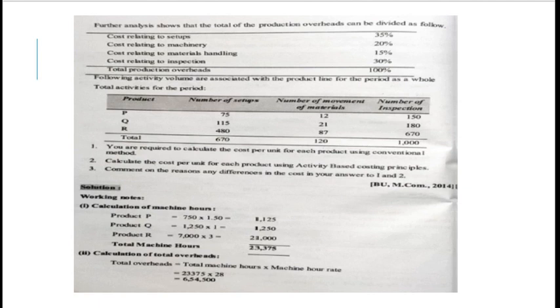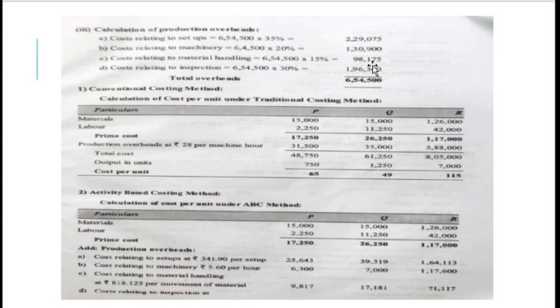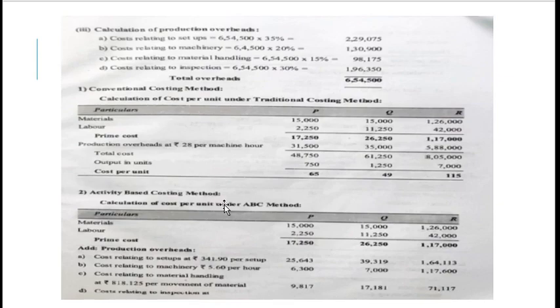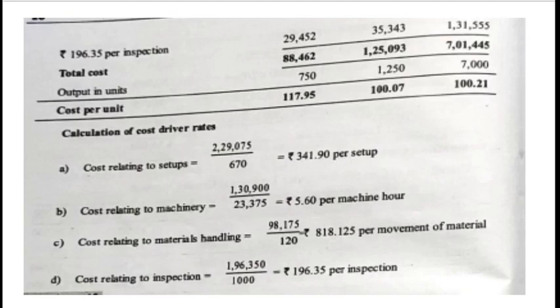The total machine hours which you have already calculated here is 23,375. So the cost driver calculation will be 1,30,900 divided by 23,375, which will give you rupees 5.60 per machine hour.